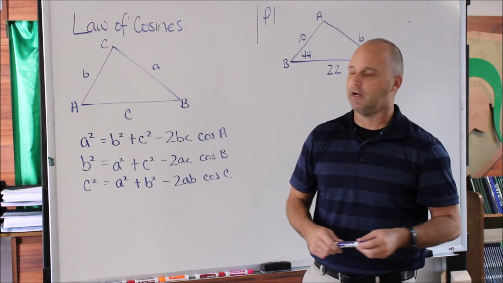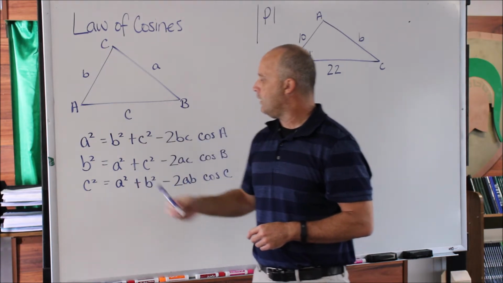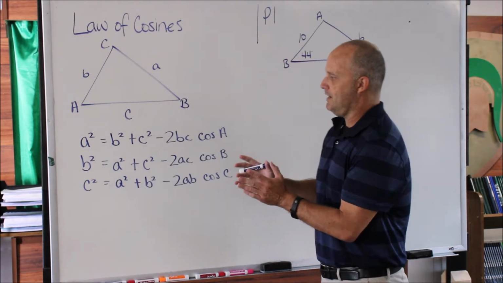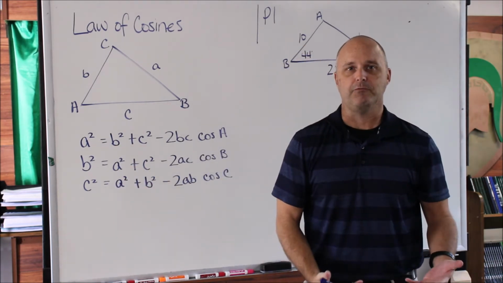The way the law of cosines is done is, if you're looking for a side length, then you're going to be using these formulas here. They're basically the exact same formula.